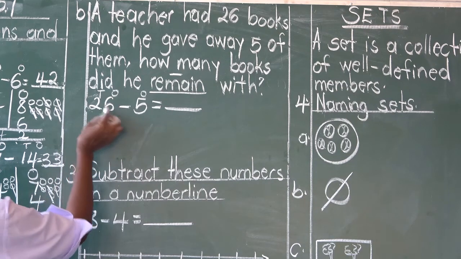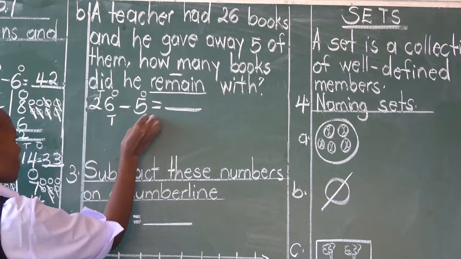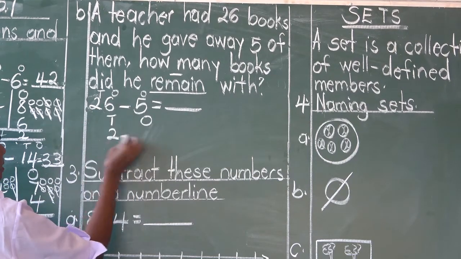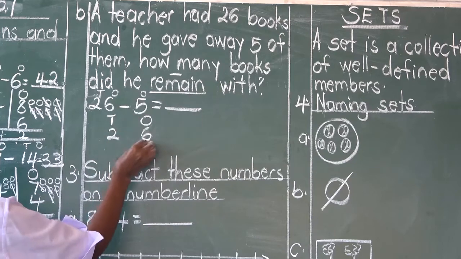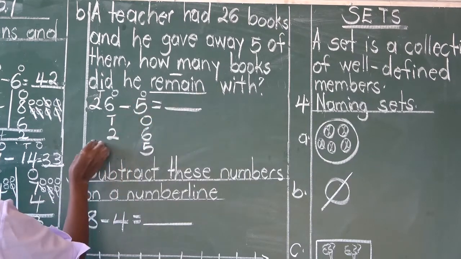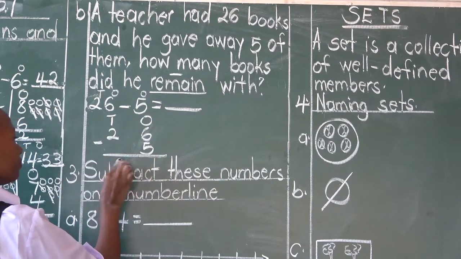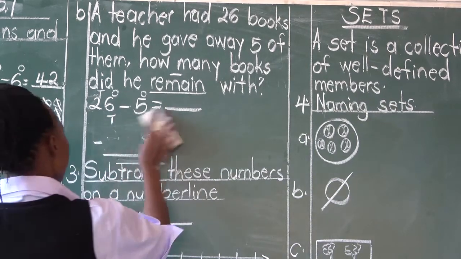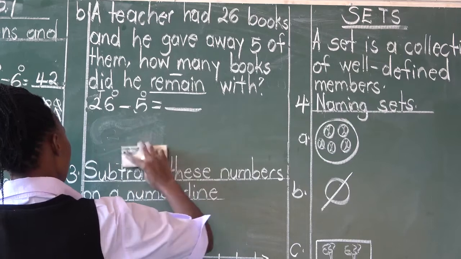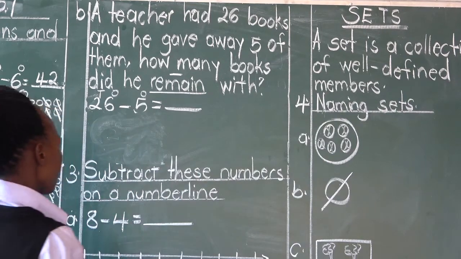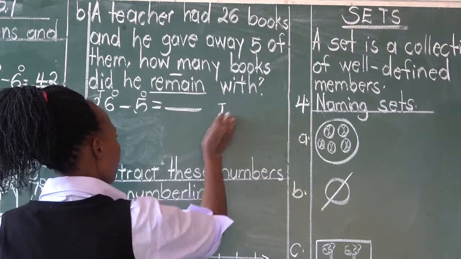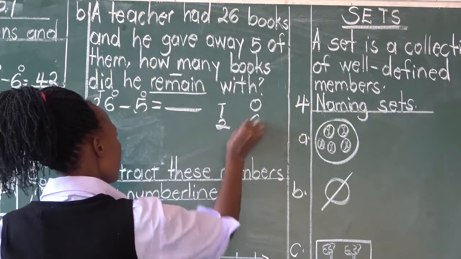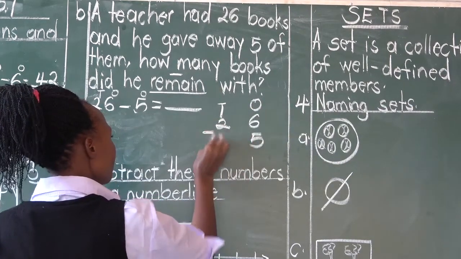Under tens we have 26, we have 2, then 6. Under 1s we shall have this 5. Then we subtract this. We have here tens, 1s, 26, take away 5.